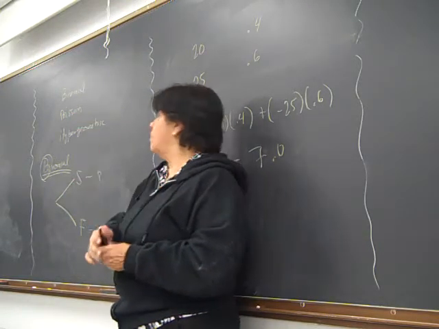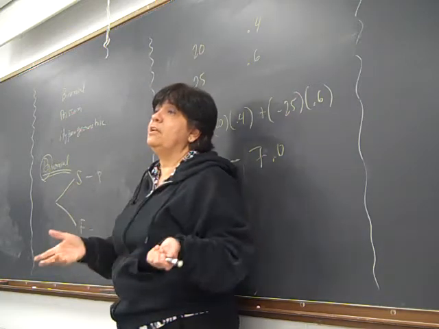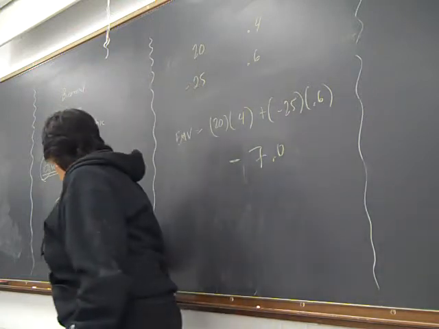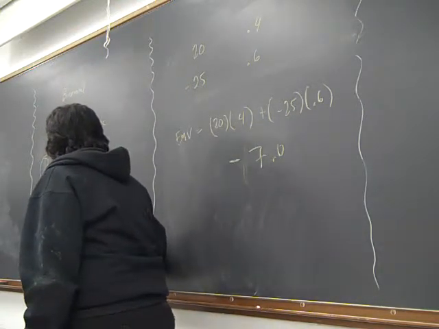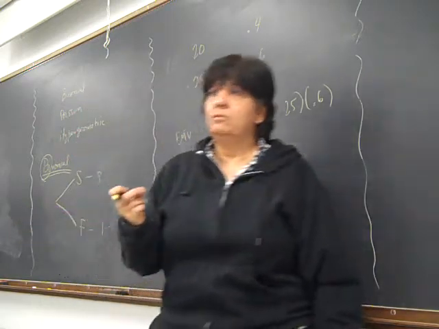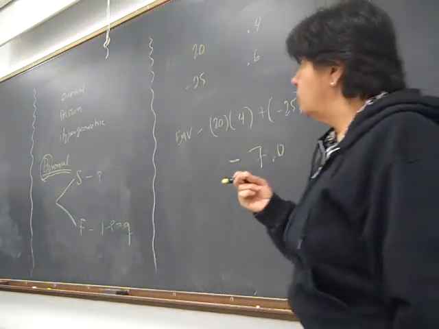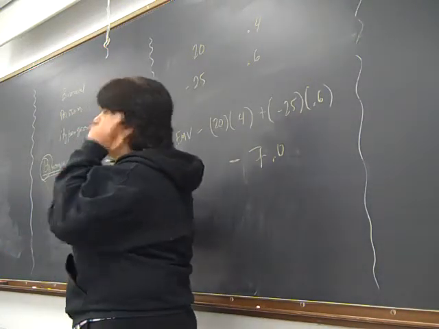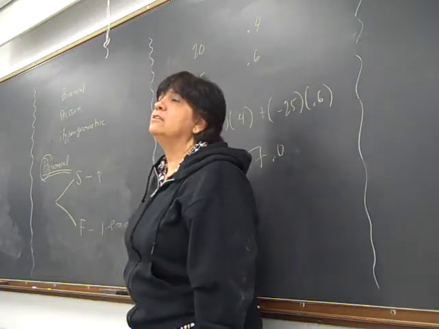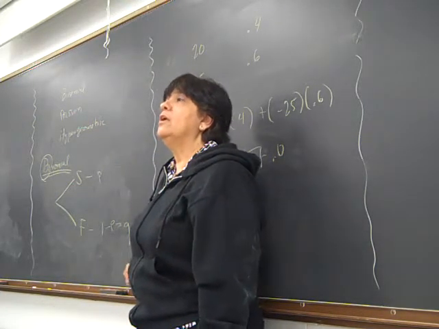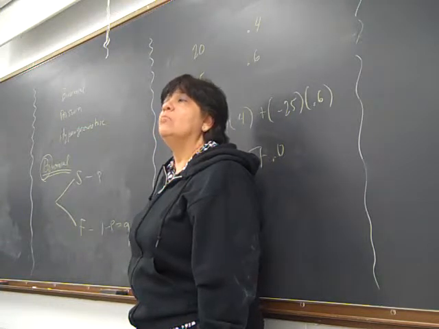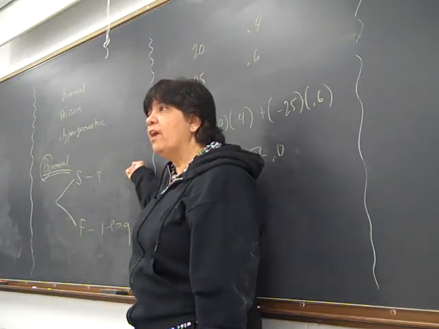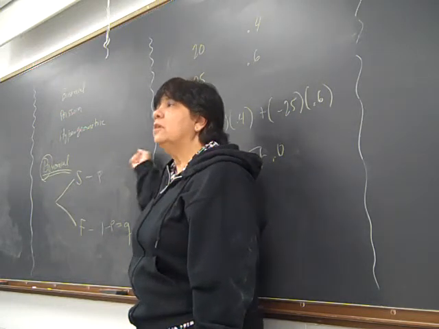The probability of success is P. What is the probability of failure? 1 minus P, and that is going to be called Q. So if my probability of success is 0.3, what is the probability of failure? 0.7.